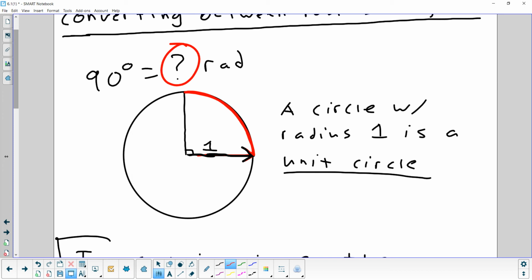Yep. The circumference? It's part of the circumference. Can you tell me exactly what part of the circumference? What part of the circumference is that arc? Yeah. It's a quarter of the circumference.